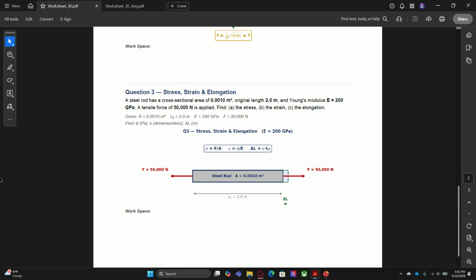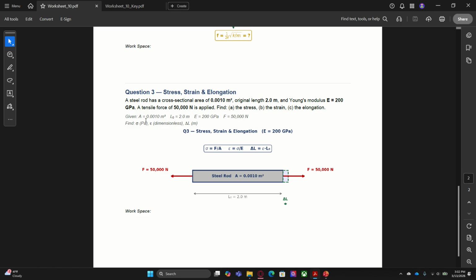The original length is 2 meters, and Young's modulus E equals 200 gigapascals. A tensile force of 50,000 newtons is applied. Find A, the stress, B, the strain, and C, the elongation.